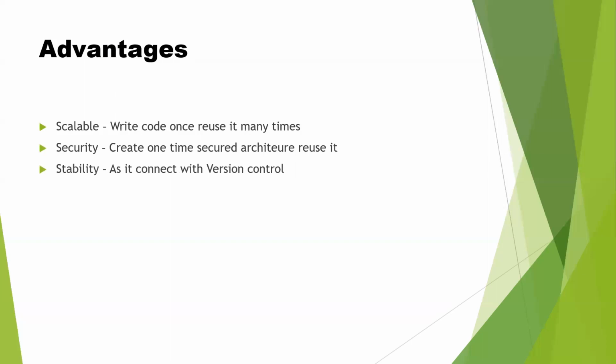And stability. Coming to stability, you can store your code in version control, and you can trigger and use it wherever you want. It also has a high level of visibility because it is code, where you can see a lot of resources, and whatever you are writing you can see clearly.